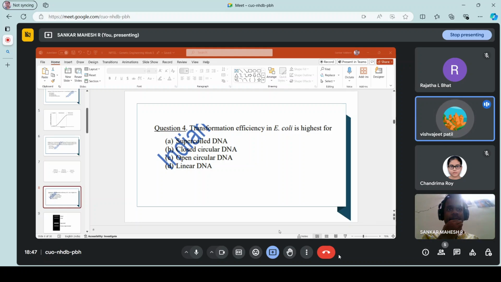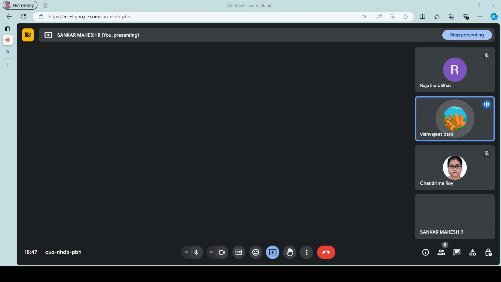Because it is in linear form, and the others are supercoiled and other things. So it should release and then it will bind to the DNA of E. coli. Okay, so think about it when you run the gel.